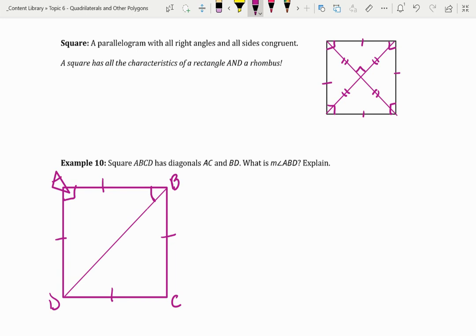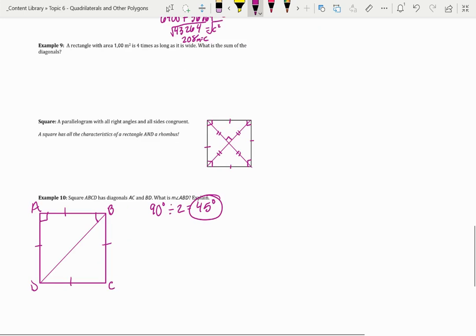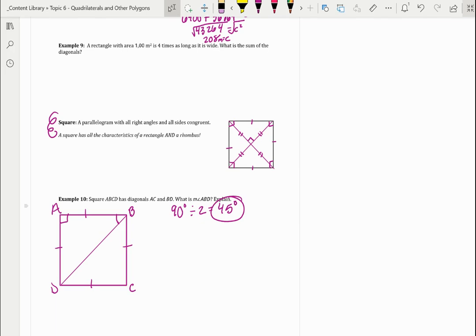Because all of them are those 90-degree angles. So we're going to say 90 degrees divided by 2 gives us 45 degrees. And that is it for today. I will see you in the next one.